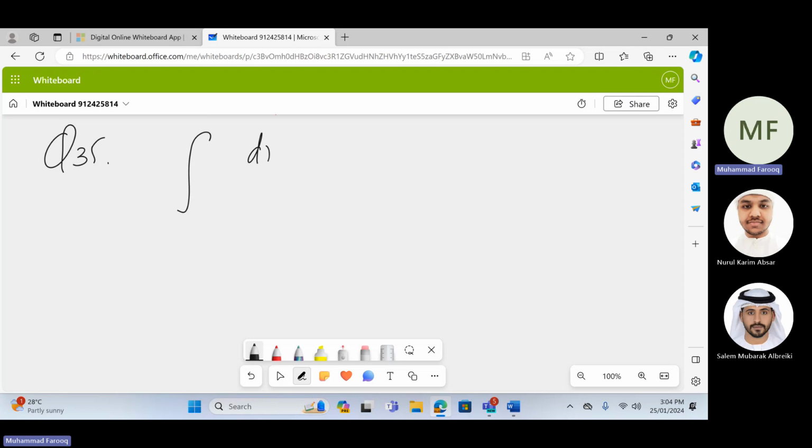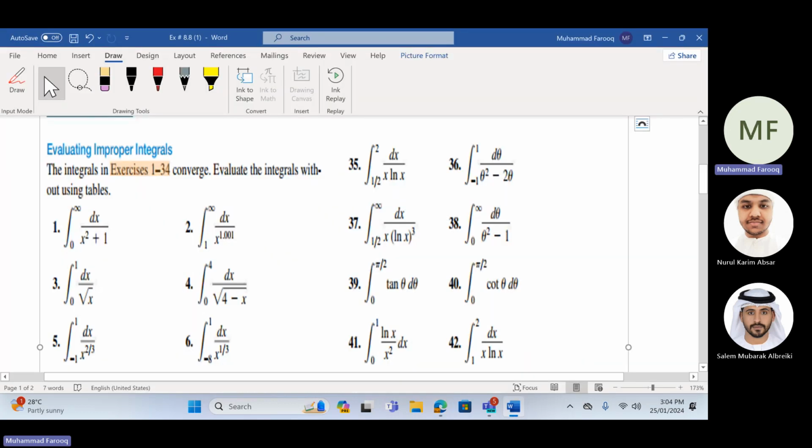Integrate from half to 2, dx by x ln x, from half to 2. Let me take one more time.